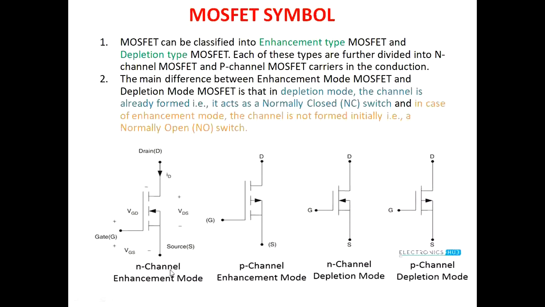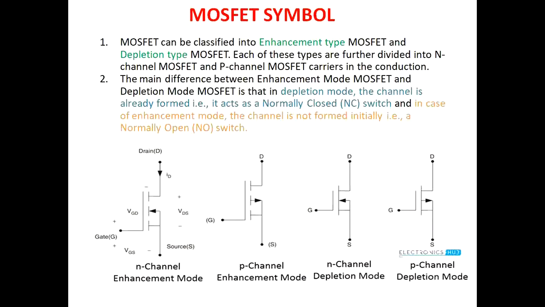Why is it called an N channel? Because N doped regions are used for drain and source, as we will see in the diagram in detail. Here there is an N type region, and at the drain side there is also an N type region, so N type regions are available on both sides.